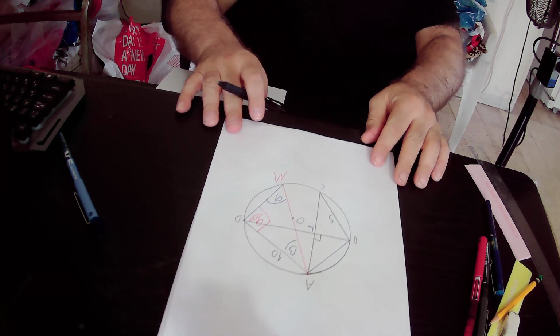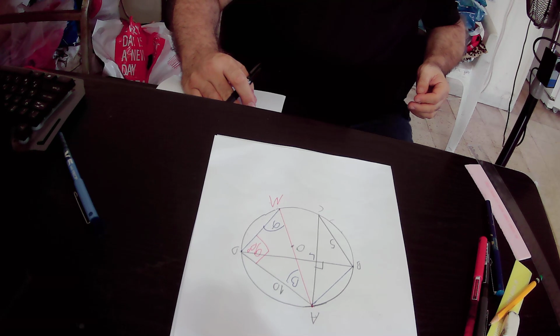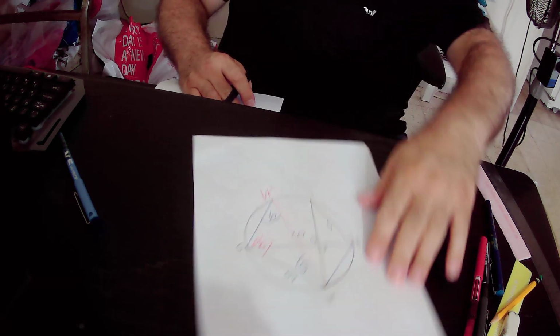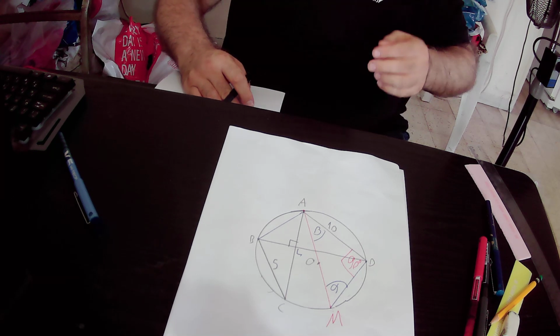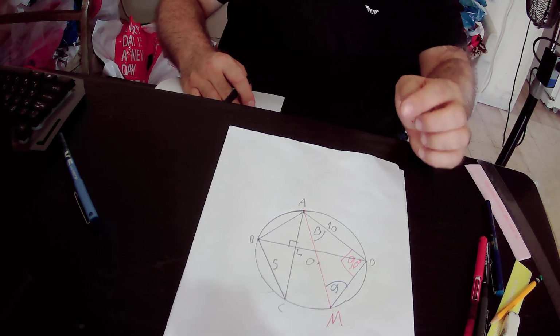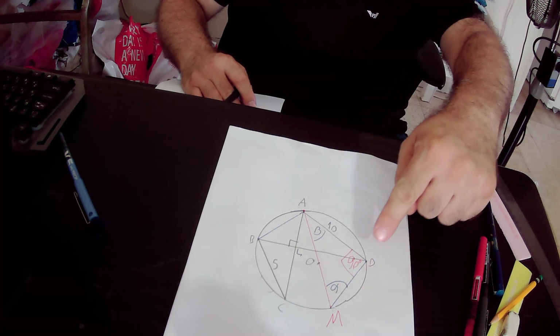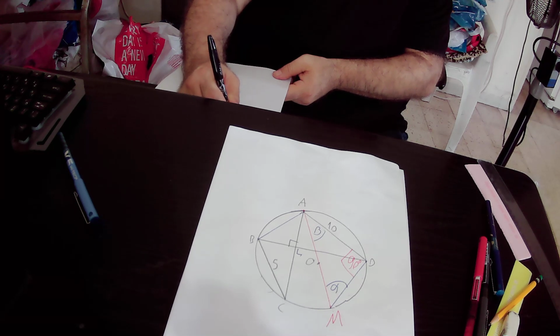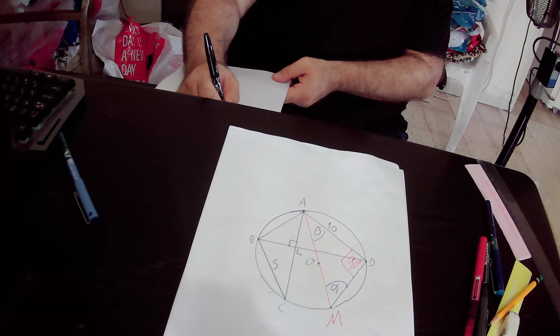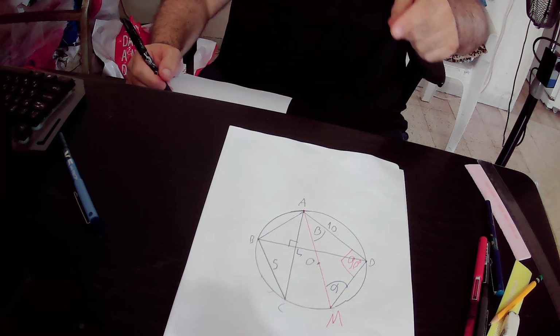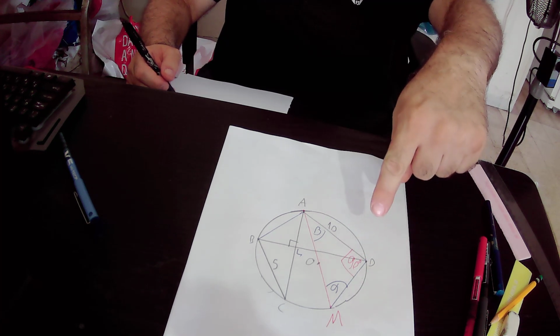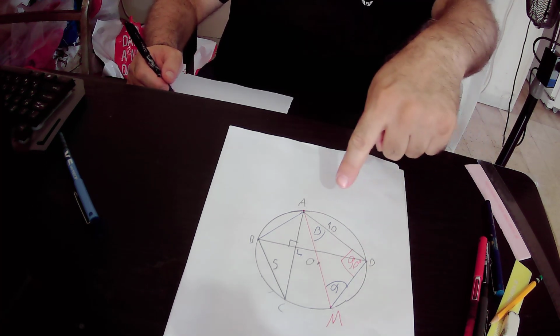Because in our circle we have angle AMD that equals alpha, or peripheral angle AMD equals alpha, and peripheral angle AMD that equals alpha rests on chord AD.